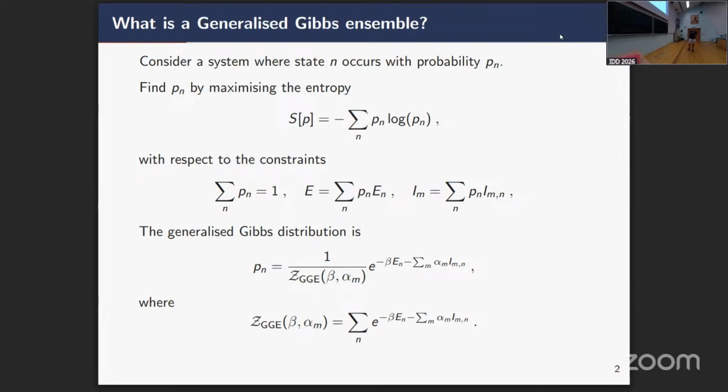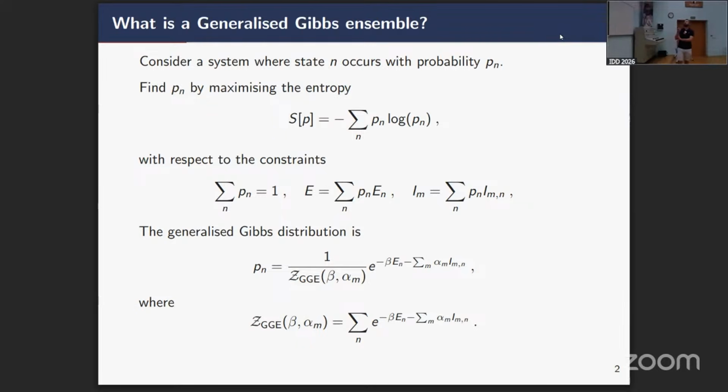But if I'm in a system with additional conserved quantities, then I should also constrain the entropy and maximize it over the average values of the extra conserved quantities as well.